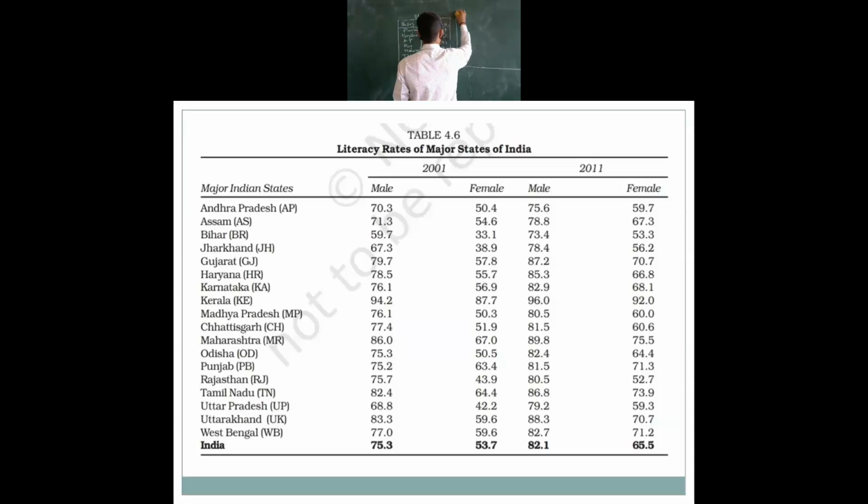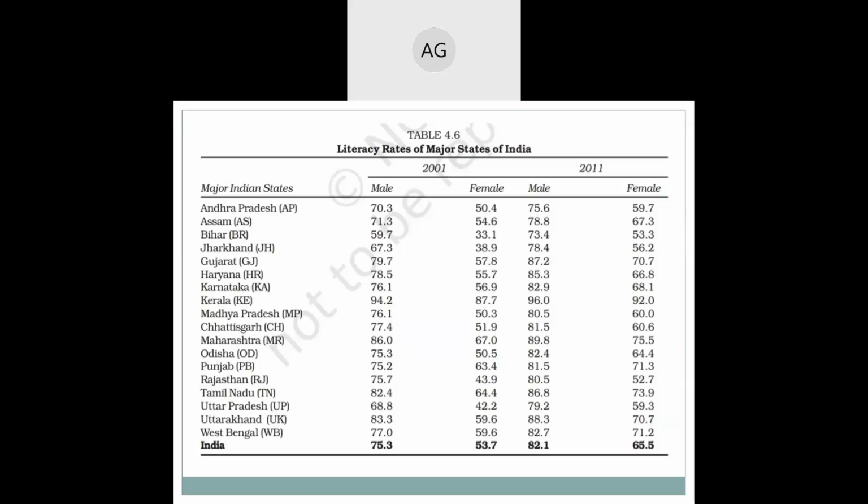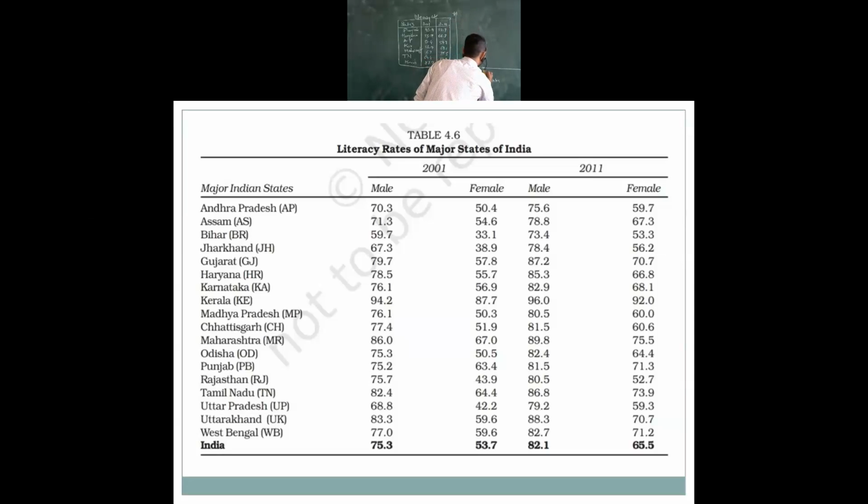X-axis and y-axis. The literacy rate we are going to take on one axis, and here the states. Which was the first state? Punjab. Second, Haryana. Third, Andhra Pradesh. Fourth, Karnataka.